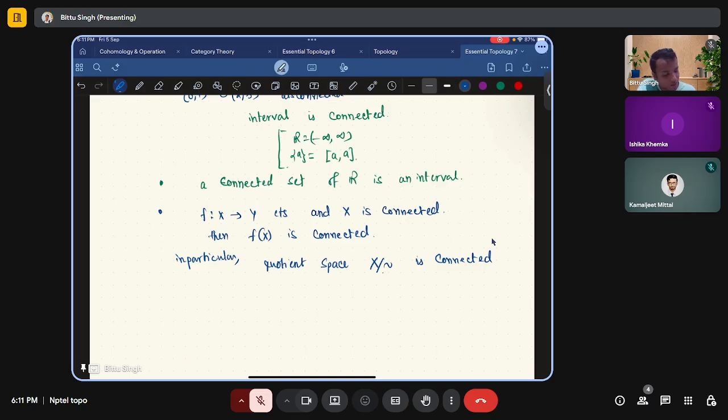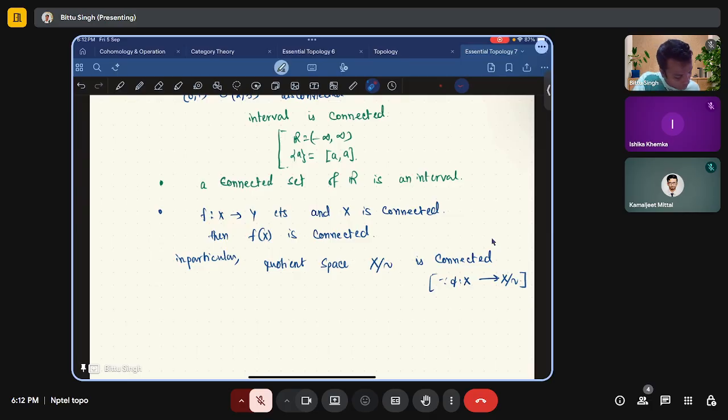Because we can think of X modulo some relation via the quotient map, X to X mod some relation. This is a quotient map, and we know the quotient map is always continuous. The quotient map is surjective, so the image of this Q is the whole quotient space. So the image of a connected set under a continuous map is always connected.